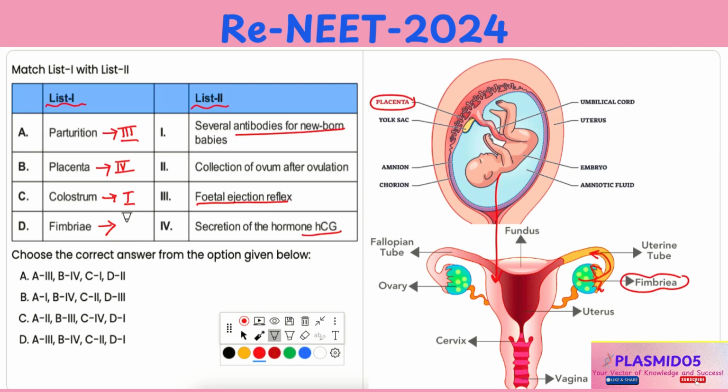Hence, D matches with 2. Thus, the correct answer is option A. Options B, C, and D are incorrect, as they mismatch the definitions and functions of the terms provided in list 1 with list 2.